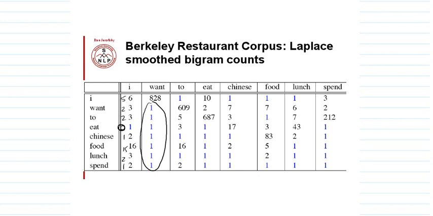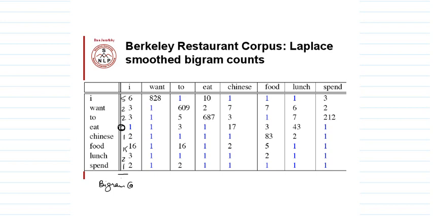So in this case, we see that this count is |V|, the total vocabulary. This count of total vocabulary is V, and this total count is the bigram count, right?